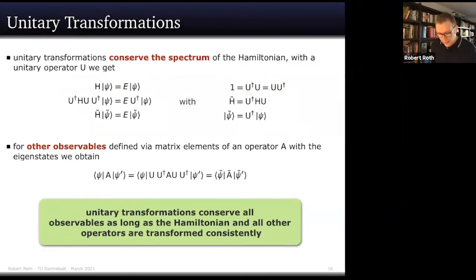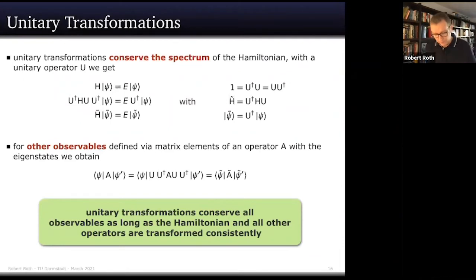Now you just insert in this original Schrödinger equation a 1 operator written in terms of U U†, and you multiply the whole equation from the left with another U†. Lots of U's now in the game, but now you collect stuff.